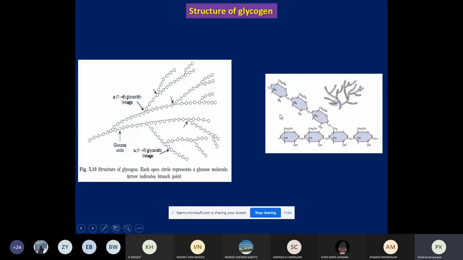Coming to glycogen, its structure is similar to the amylopectin component of starch. It is a polymer of glucose with alpha-1,4 and alpha-1,6 glycosidic bonds, but the branch points are more frequent in glycogen compared to amylopectin. The branch points occur once for every 5 to 6 residues.